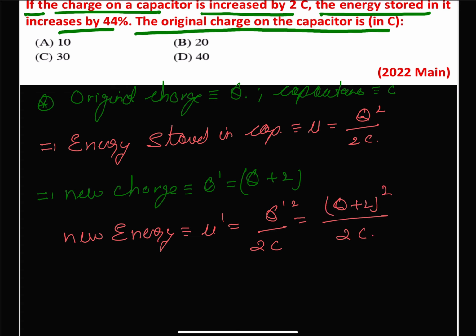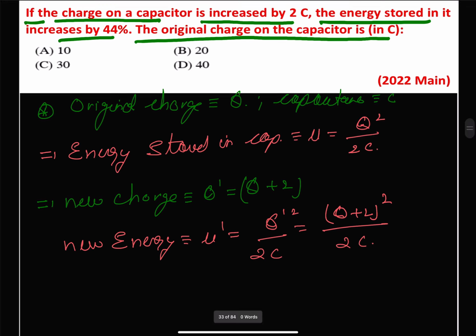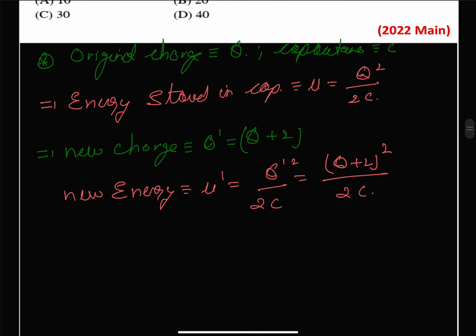And the relationship between original energy and new energy is also given to us, that is an increase of 44%. Therefore we can say that our U prime will be equal to original energy and its 44%, giving us 1.44 times U.